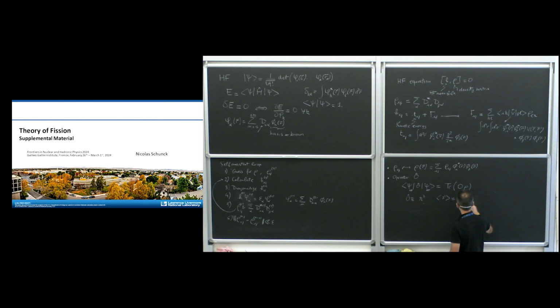So I'm going to write it like this. It's one example. The point is that any expectation value of any operator of interest on the Hartree-Fock ground state is going to be a function only of the density of particles, which is what you get once you solve the Hartree-Fock equation. Okay.